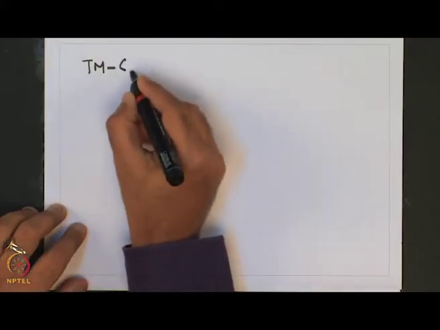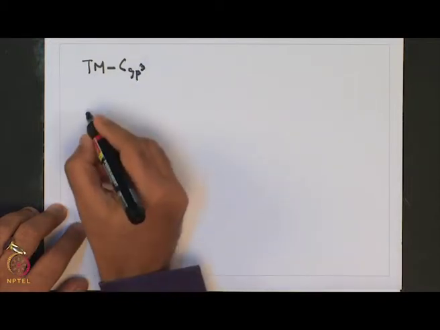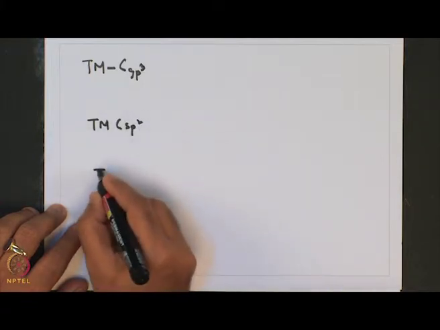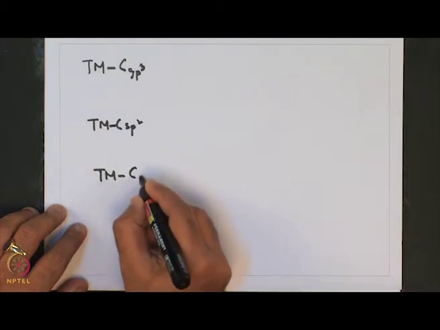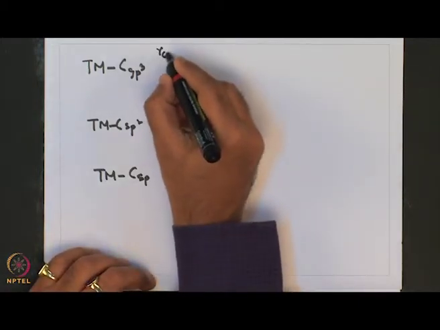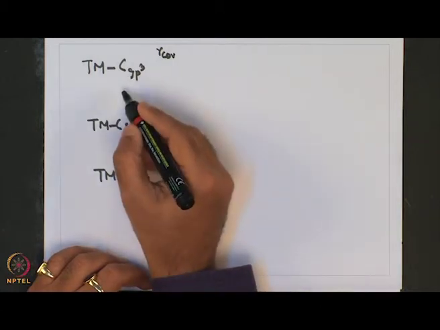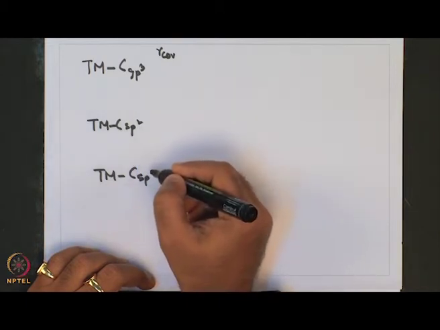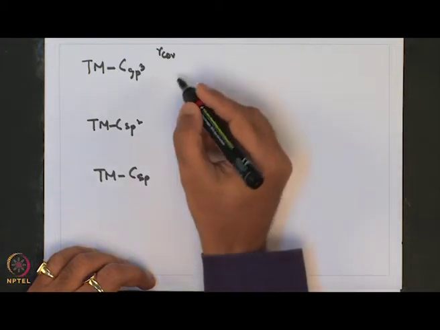Now, one interesting thing is that as one moves from transition metal Csp3 to transition metal Csp2 to transition metal Csp, the covalent radius of carbon changes, and with the increase in s character its covalent radius decreases.